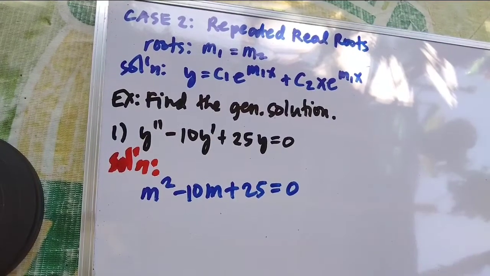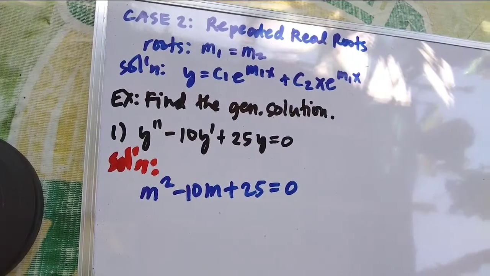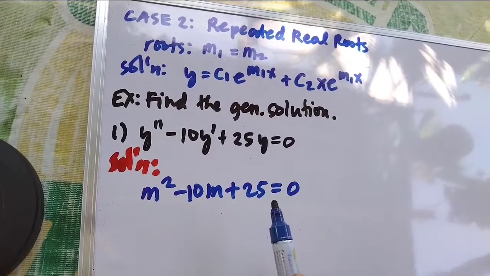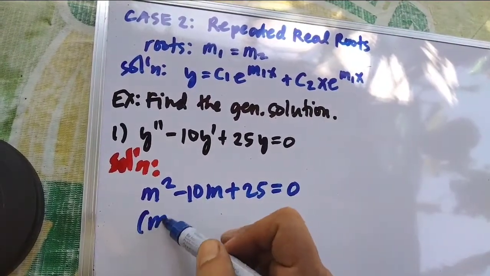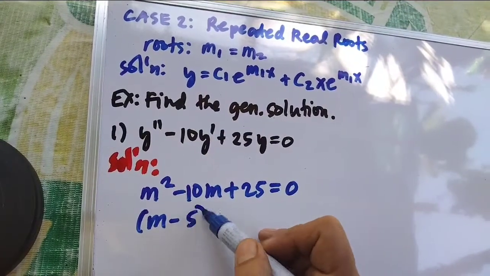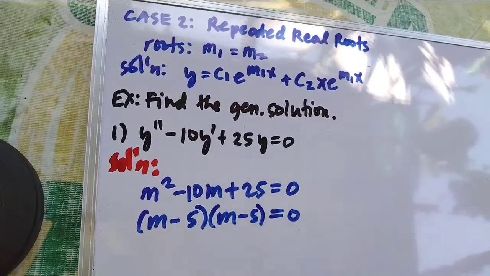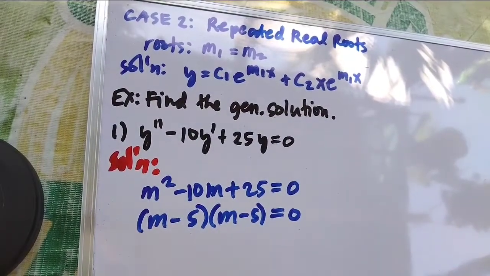Okay, how do we solve this? This is a quadratic equation. Now, if you observe the left side of the equation, you can directly obtain the factors, no? By looking at the last term, which is 25, we can have m minus 5 times m minus 5 is equal to 0. Okay? So, these are the factors.